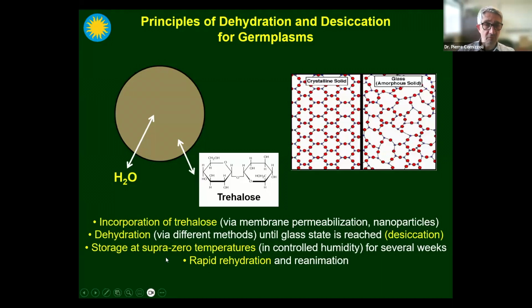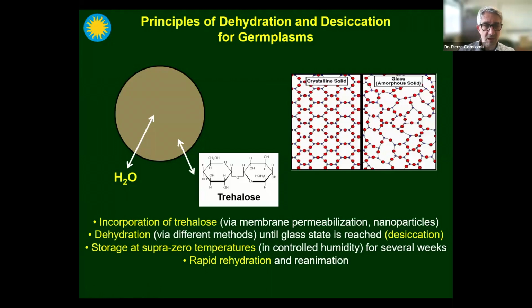And then, of course, you can store, in theory, your samples at non-freezing temperature. But you have to make sure that there is no contamination with humidity, because the slightest increase in humidity in your samples is going to destabilize everything, and you're going to have degeneration and lose the quality of your sample.